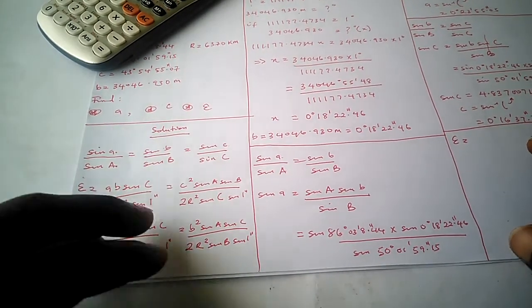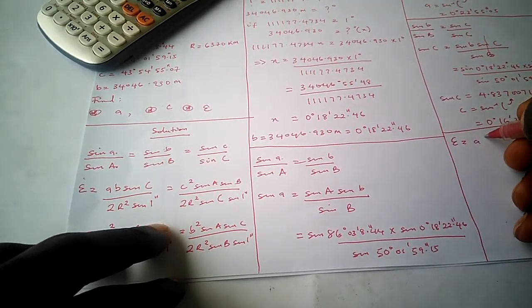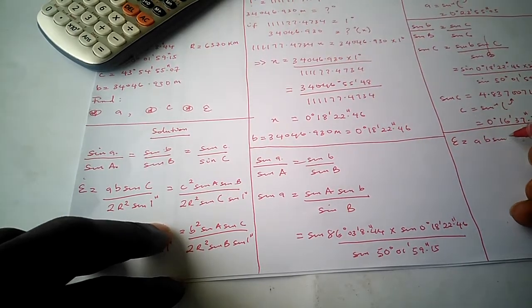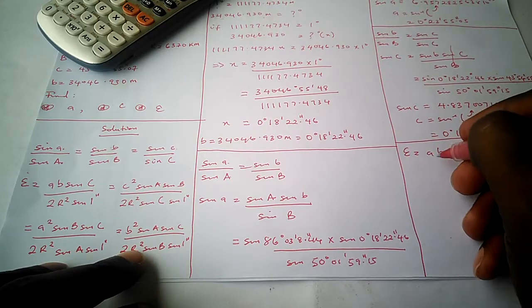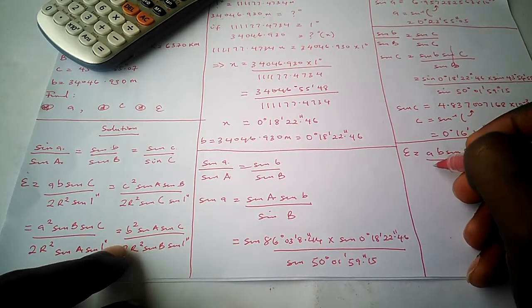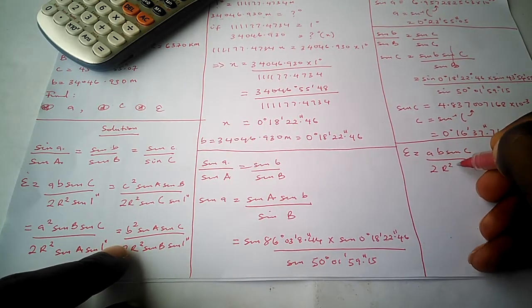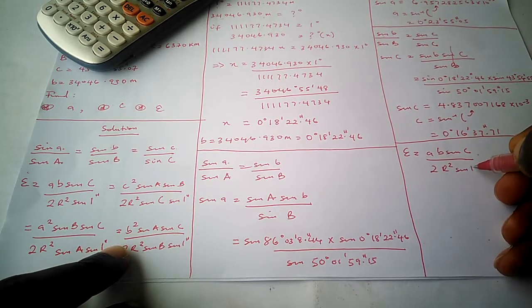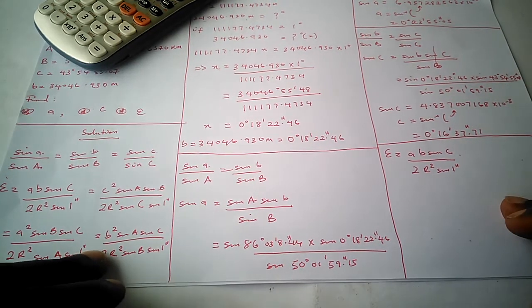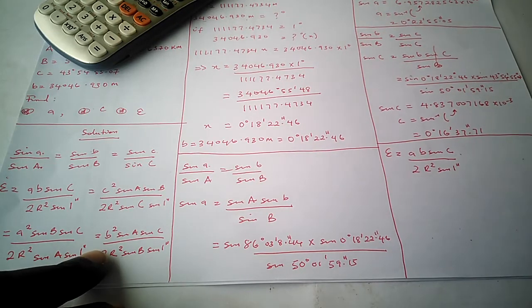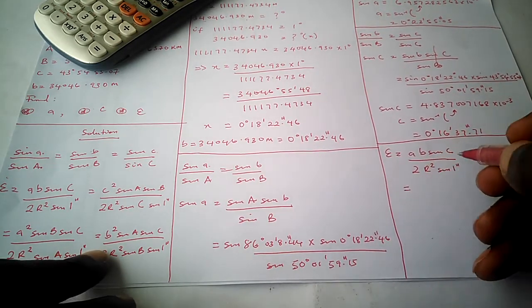So we have AB sine C divided by 2r squared sine 1 second. This will now be equal to, what's our A?